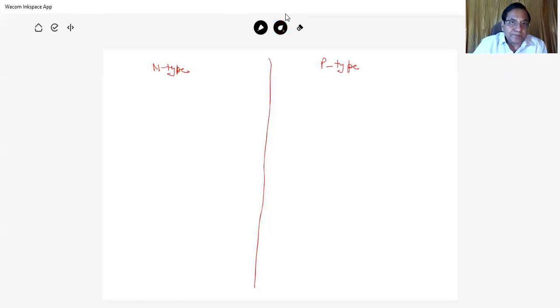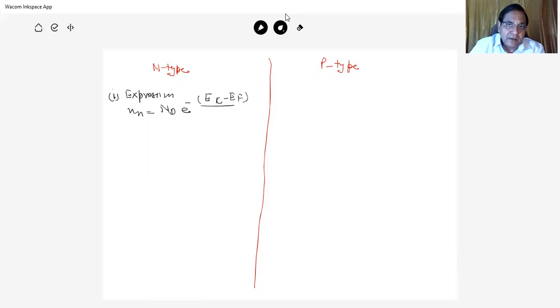The expression, first equation, that is n is equal to Nd e raised to the power minus Ec minus Ef upon kT.